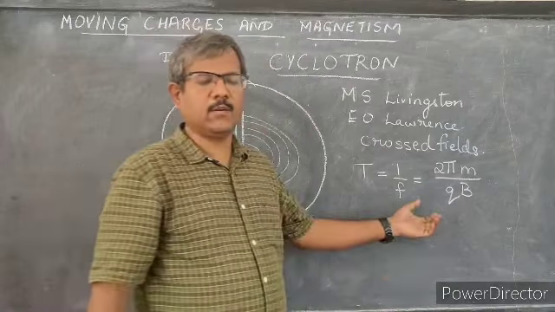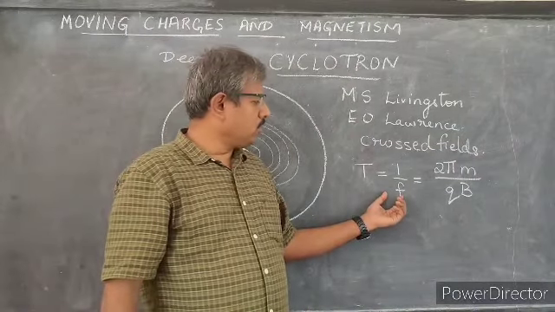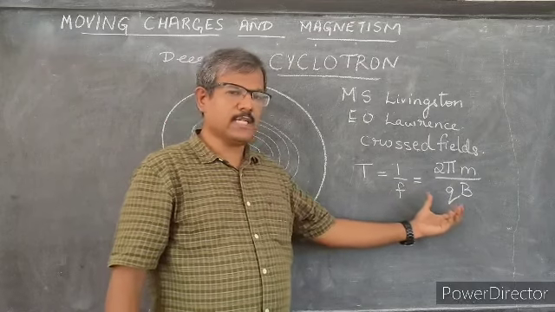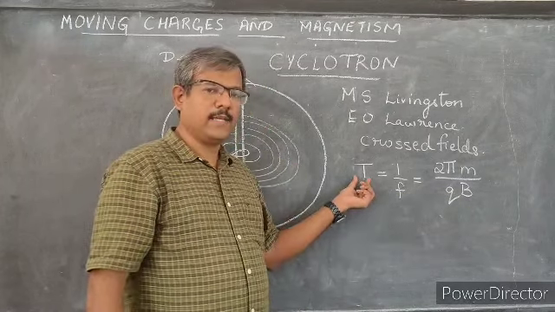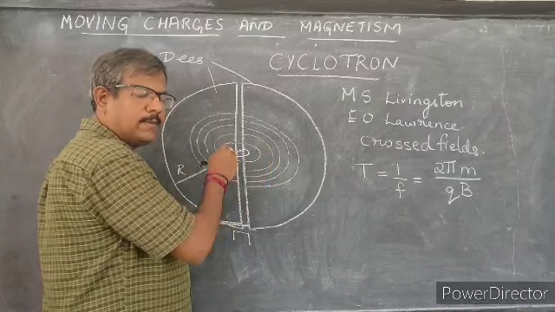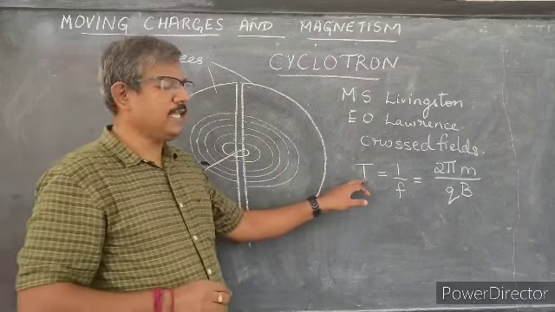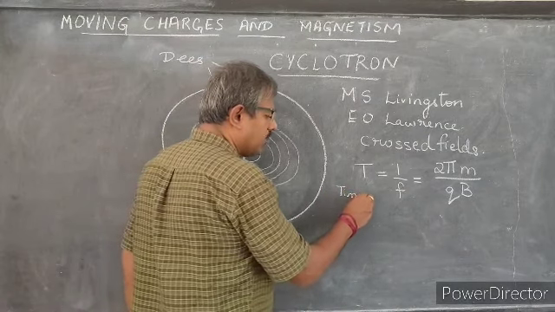This was the equation we derived in the last video lecture. This equation gives the time period for the charged particle to complete one complete revolution. So T is the time period to complete one revolution.